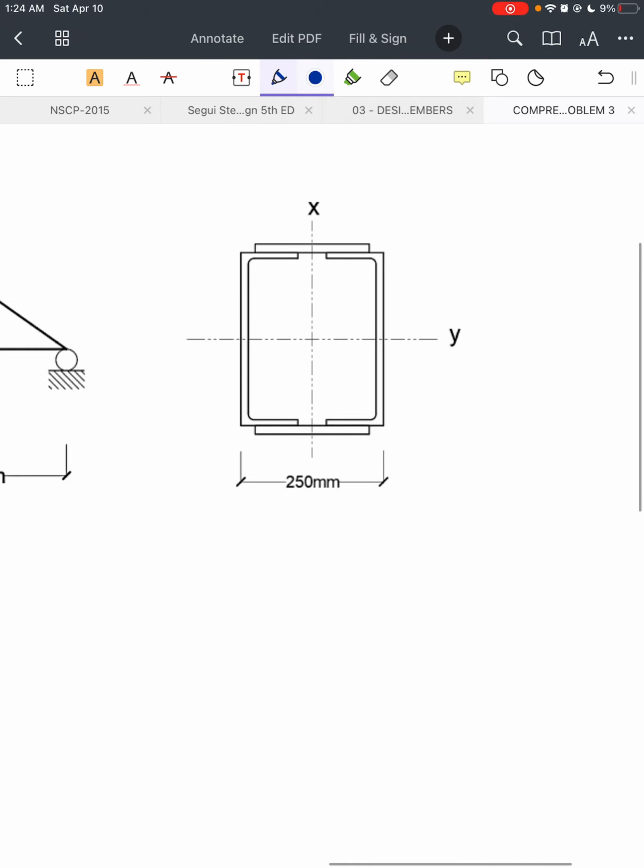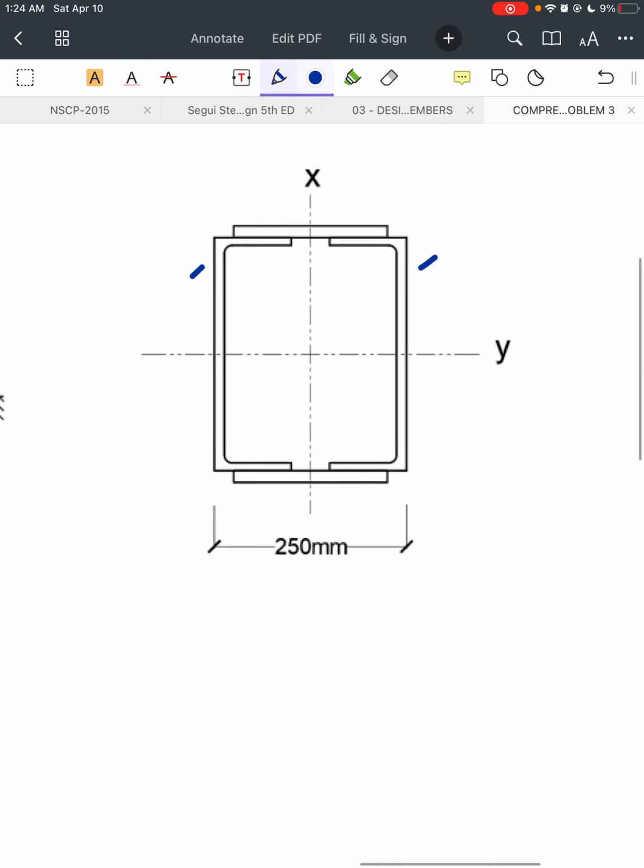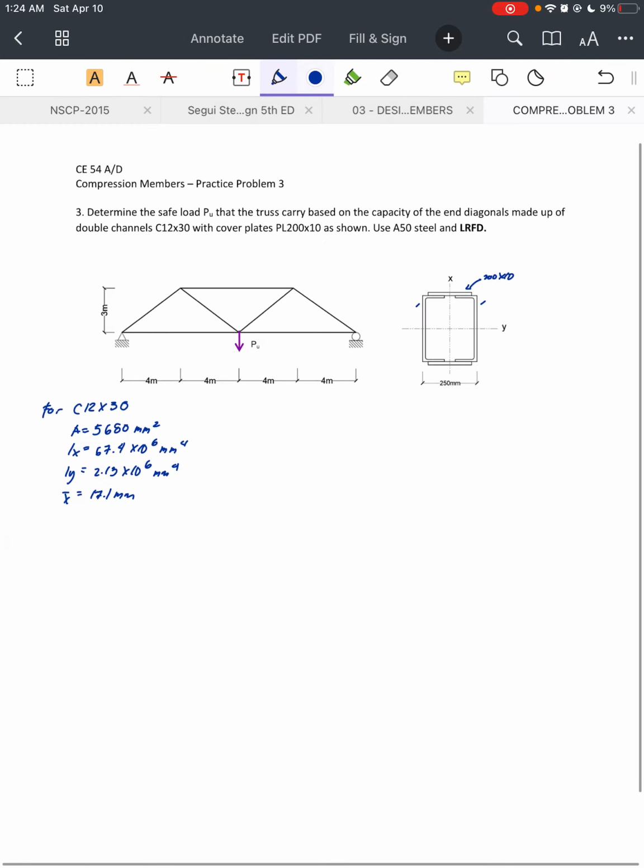Now, the total cross-section area is comprised of two channels facing each other, or face to face, with a distance between them. So here it's the distance. And two cover plates. So remember, this is 200 by 10. Now, the buckling will be about the weak axis. The weak axis of the whole section is between the X and Y axis.